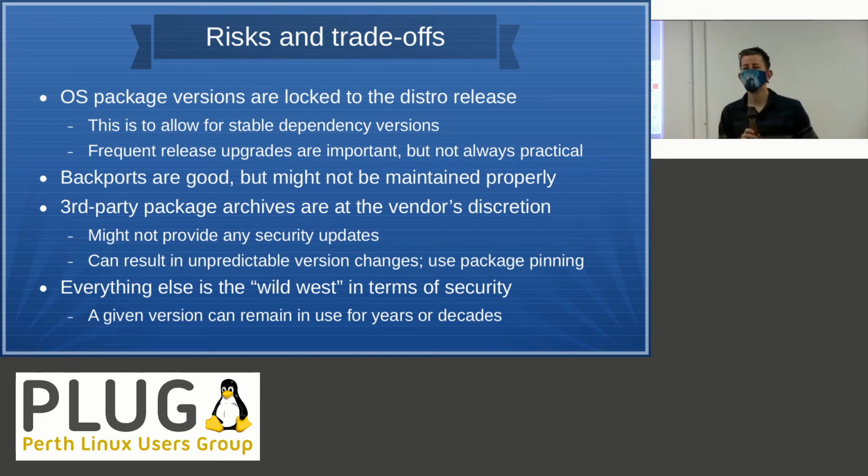Now the reason why most of them, unless they're a rolling release distro, have all of those fixed versions of your software is because they build them all together and they know they're all going to work together, right? And it also means that your dependency versions won't change. You know that if there's libraries that you need to run software that you're installing on a server manually, you know what those library versions are, and they're not going to change until your distro itself is upgraded.